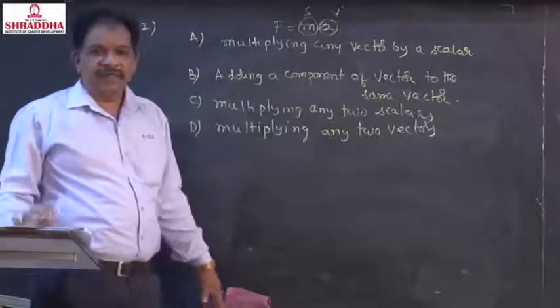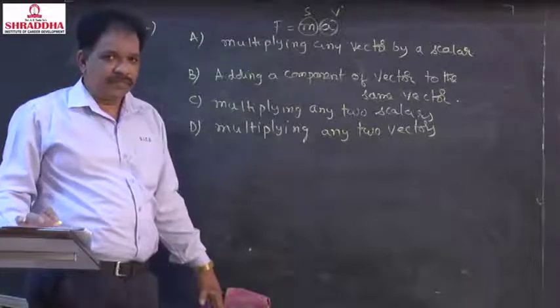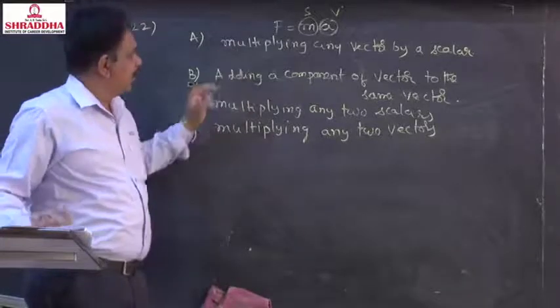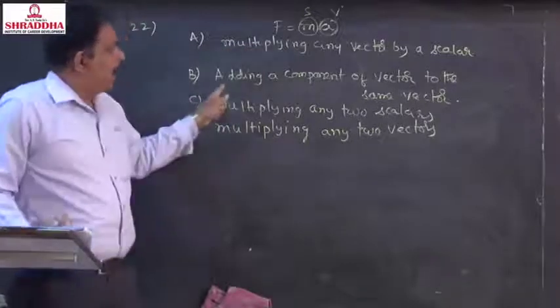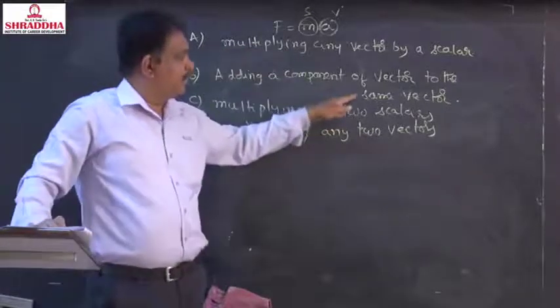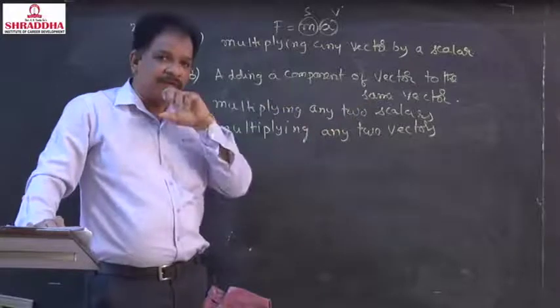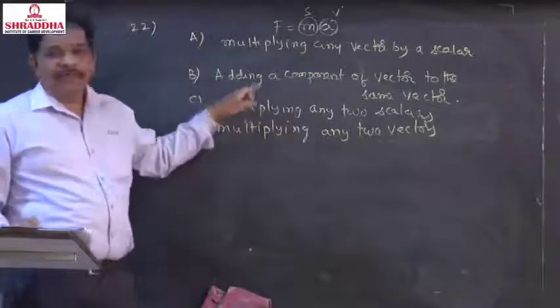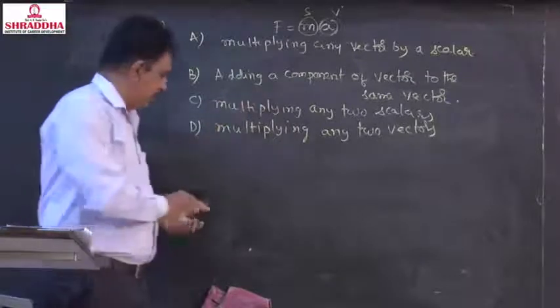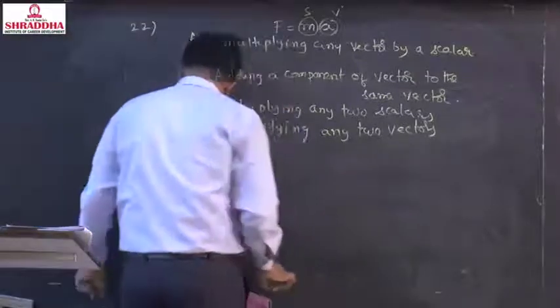Scalar and vector can be multiplied. Okay. So this is correct only. Adding a component of vector to the same vector will be meaningless. A component of a vector will be a scalar.